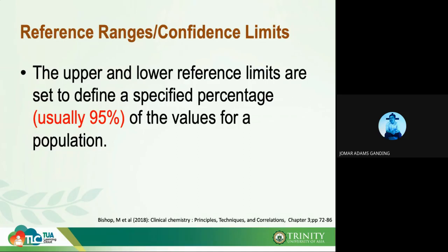Usually, as we remember from our previous discussion, inside the laboratory we commonly use the 95% confidence interval. So what do we mean by 95% confidence interval? We accept 95%. We accept the results, the data of our population that are within the 95%.